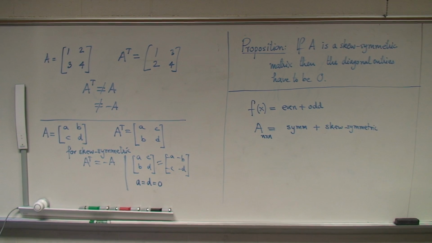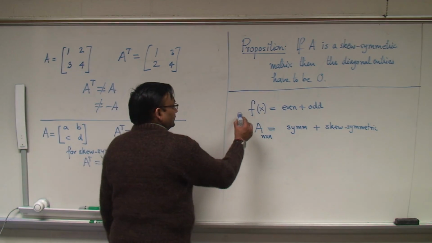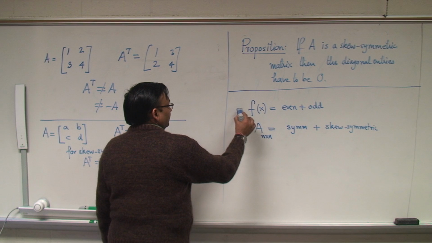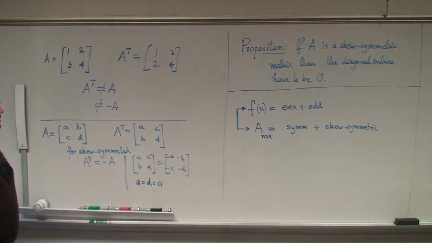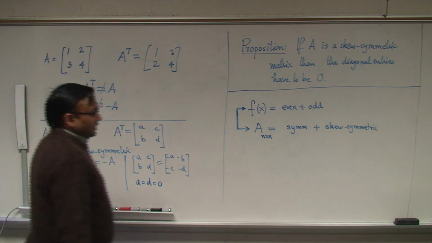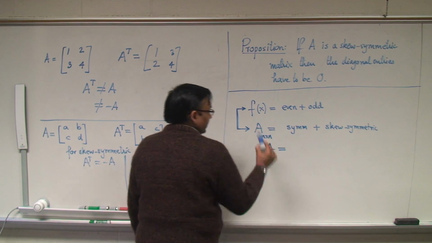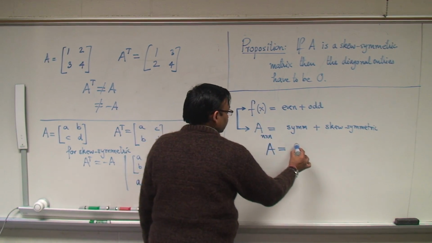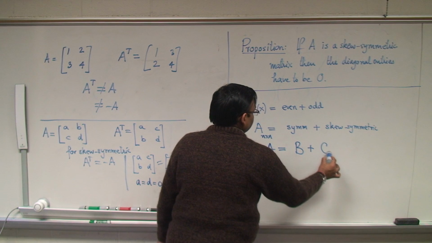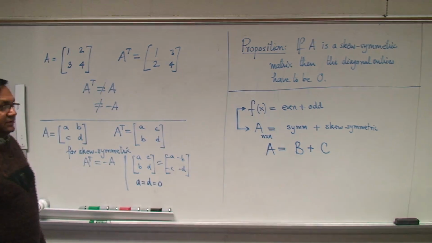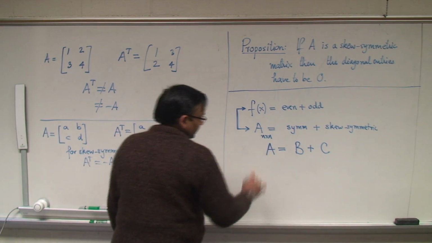The answer turns out to be surprisingly simple. These two things are actually very similar to each other in construction, and that is the beauty of the math behind it. So if I have a square matrix A, I want to write it as the sum of a symmetric matrix, let me call that B, and a skew-symmetric matrix, let me call that C. So I want B to be symmetric and C to be skew-symmetric.